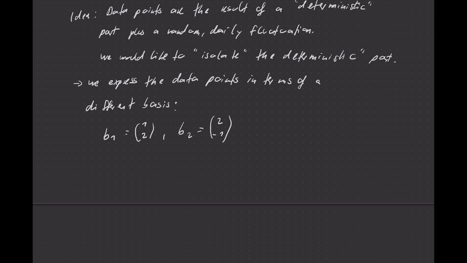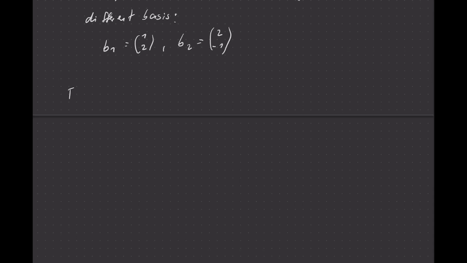We'll get to that point later on in the lecture. For now, let's just take this basis and see what effects we can see using this basis. What happens if we express the vectors in terms of this basis? Meaning, we express each vector as a linear combination of B1 and B2.